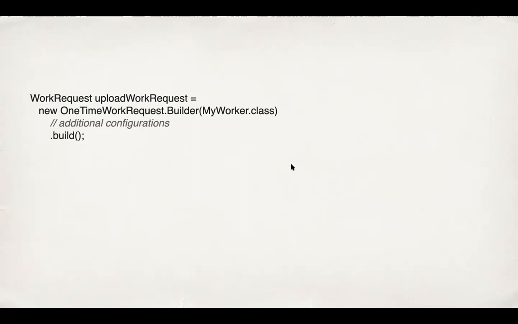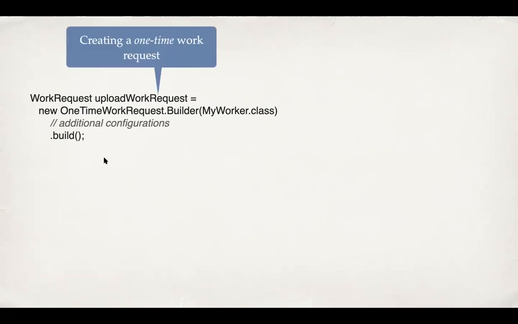As I said in the recent slide, you can schedule a one-time request or a periodic request. Both of them have similar syntax, but of course different classes. So here you are creating a one-time work request using its builder that takes the class name. You can specify additional configurations, we'll see in a second, and then finally call build to get the request. So this is a one-time work request example.